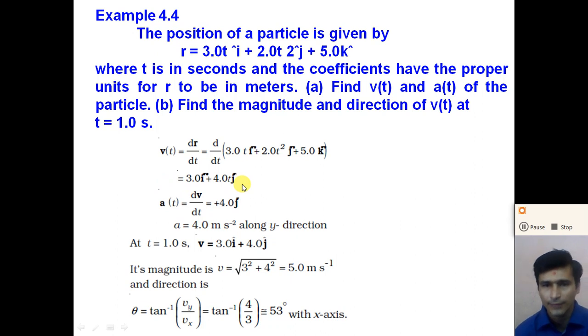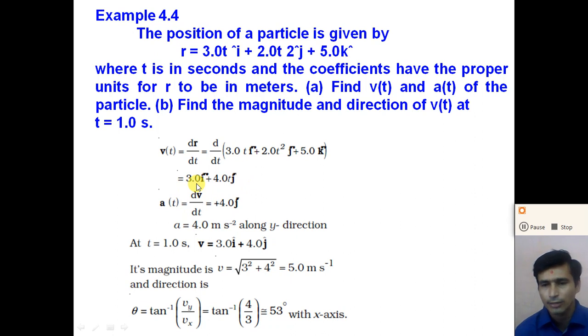Now how can we find the acceleration? The differentiation of the velocity with respect to time gives the acceleration. So acceleration a(t) is equal to dv by dt. Further we differentiate this equation, d by dt of 3i plus 4t j.